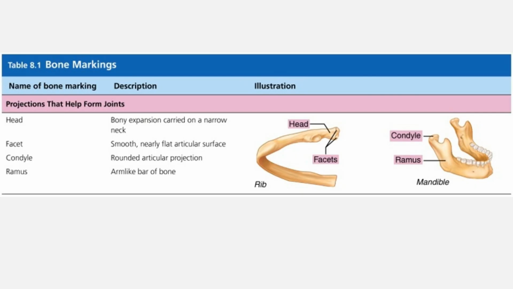Process. Projections that help form joints: head, facet, condyle, ramus, trochlea.